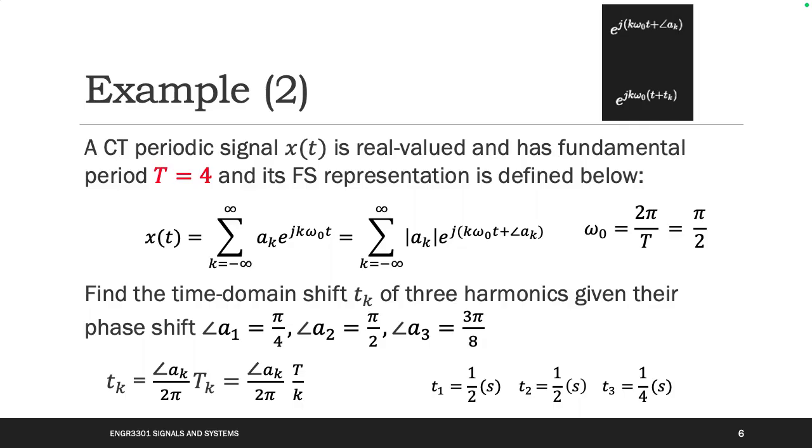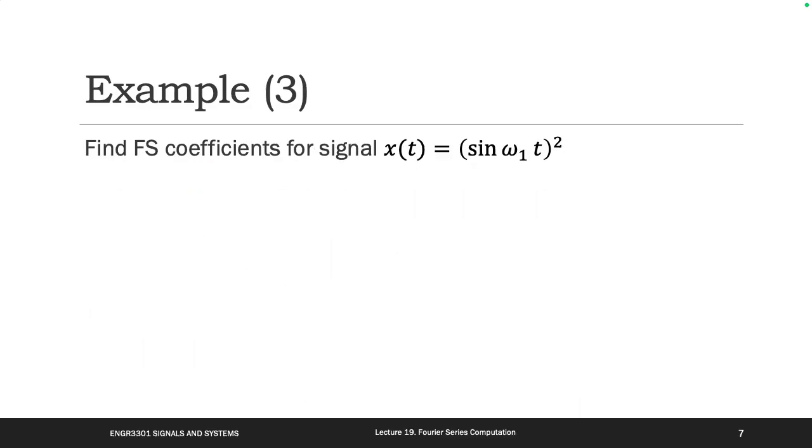That makes sense to you? This means that the same phase shift leads to different time shifts for different harmonics, and the same time shift leads to different phase shifts for different harmonics. These are relative. Any question? Okay.